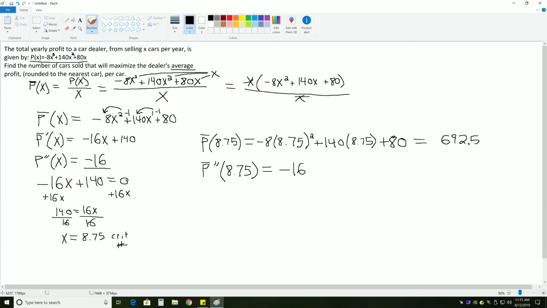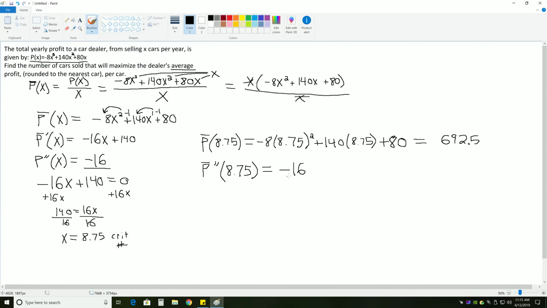And remember, your second derivative tells you concavity. So if your second derivative is positive, then your graph is concave up there. If it's negative, it's concave down.